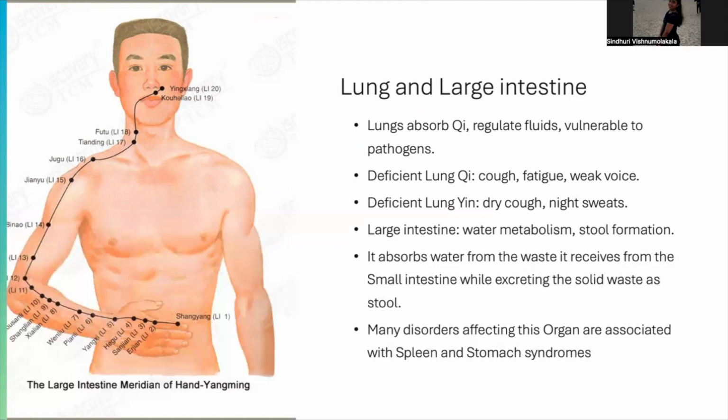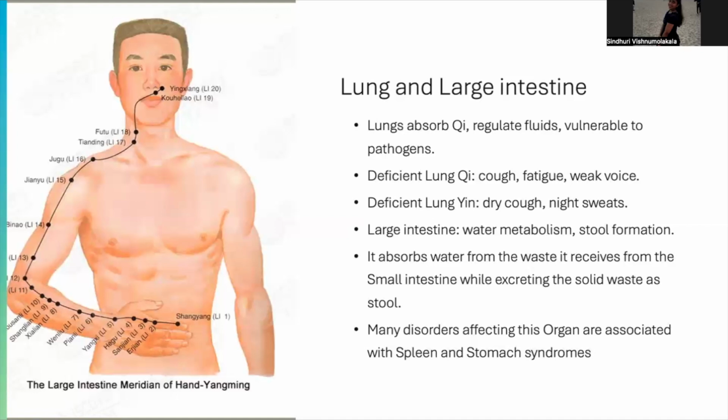That is lower or less energy. We can sense symptoms like cough, fatigue, unknown weakness, weak voice, and deficient lung yin. If your lung yin is low, you feel dry cough, night sweats.